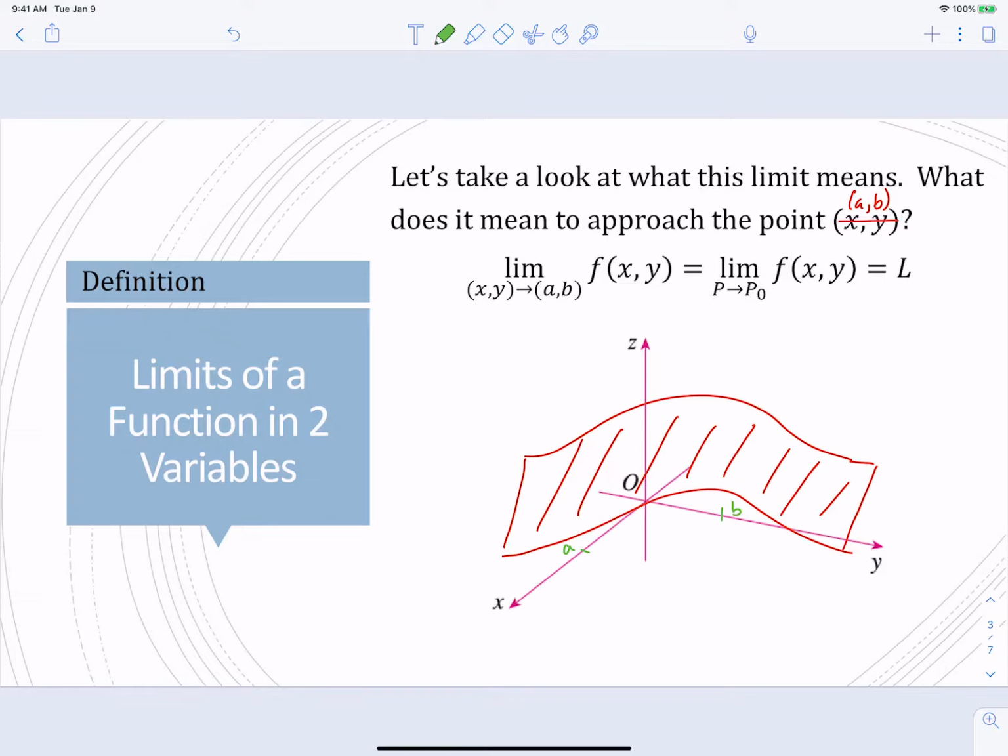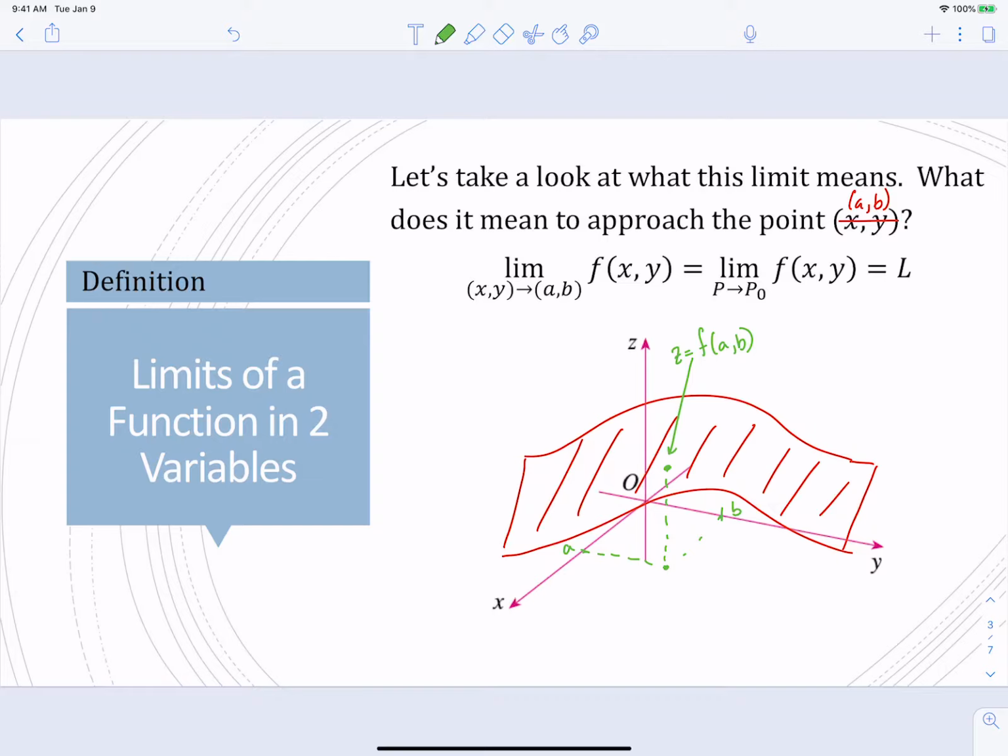Here's A, say there's B, and we can think of where that's sitting in the XY plane. And if we go up to our surface, we're hitting right here. And we want to think about, we've got our Z value here, and it's what we get from f of AB. If we're defined there, again, we definitely could have a little hole in the surface there. But what does it mean that we're approaching that point?